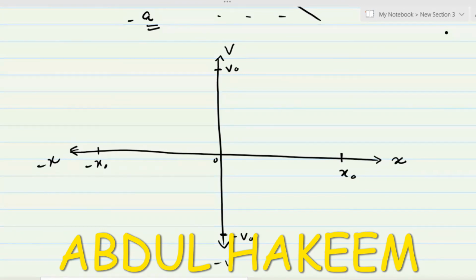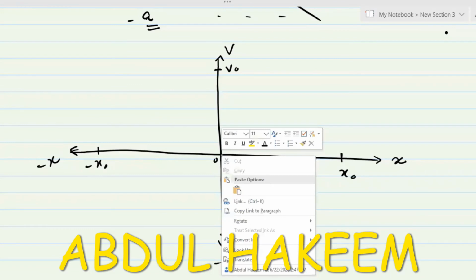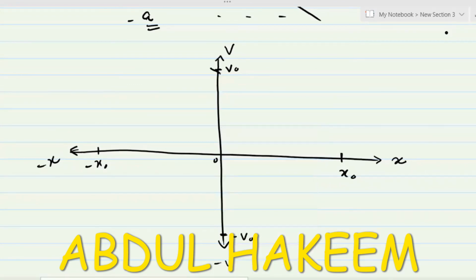Look, when displacement is zero, sometimes velocity is maximum positive, sometimes velocity negative. When displacement is maximum, velocity is zero, so maximum positive, velocity zero, negative maximum, velocity zero.